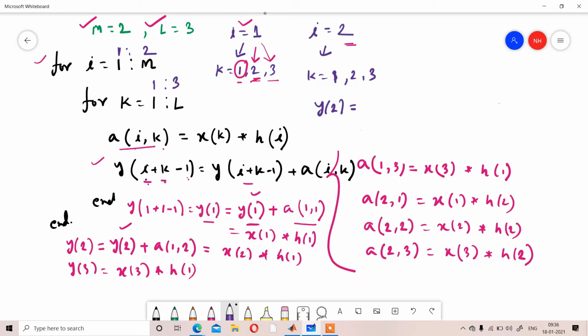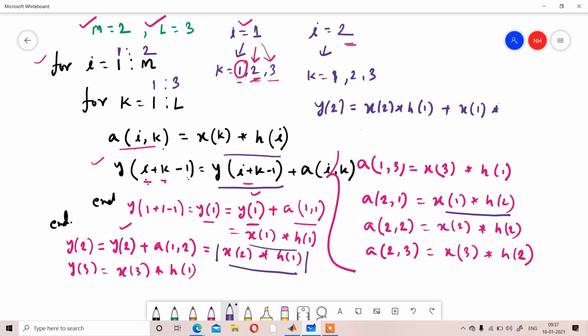That will also be y2. So y2 equal to y2, and the y2 value you already have is x2 into h1, plus aik. Plus aik means I we are considering 2, k we are considering 1. So a21, the value of a21 is x1 h2. Now y2 becomes this value.